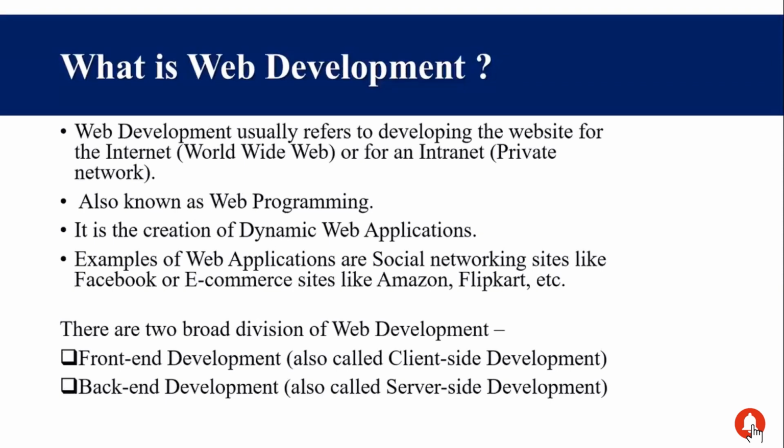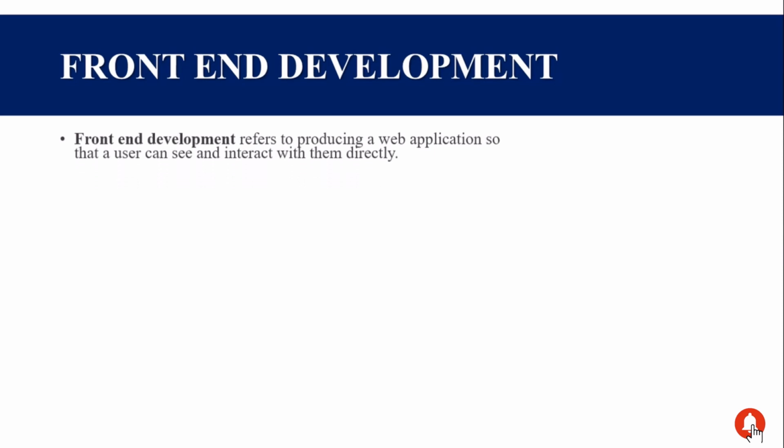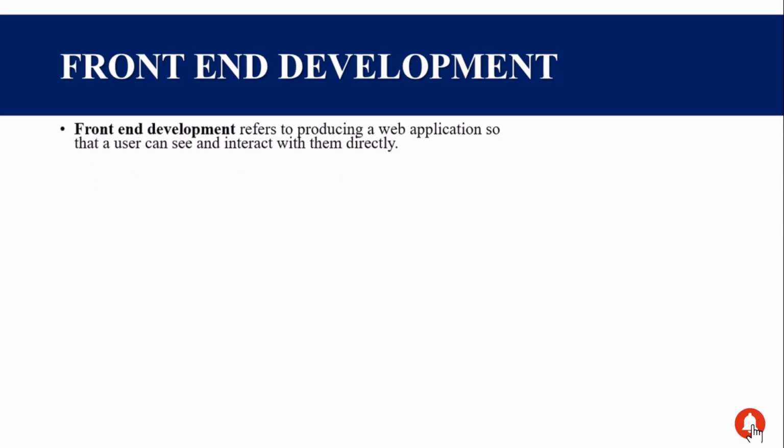Let us drop down to one of the divisions of web development, front-end development. Front-end development refers to producing a web application so that a user can see and interact with it directly. When we talk about front end, we can give the example of a house. It could be a lodge or any other building.